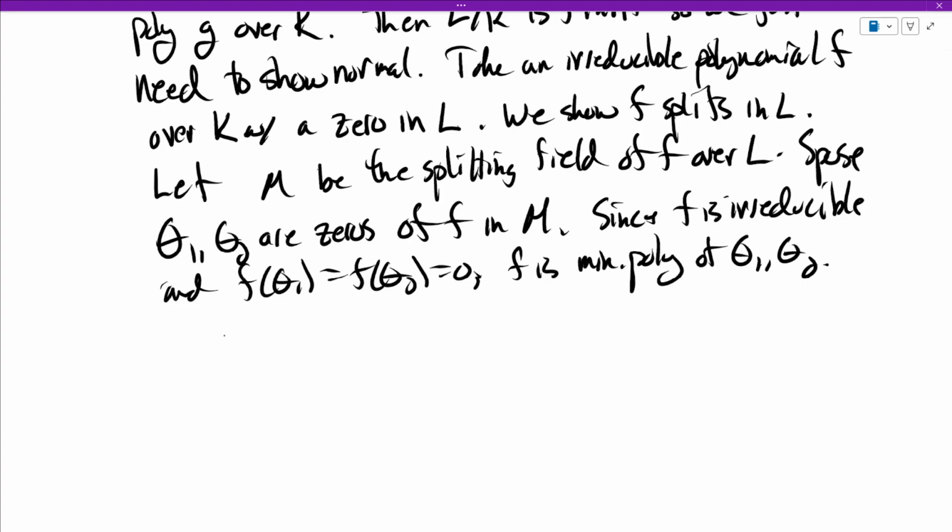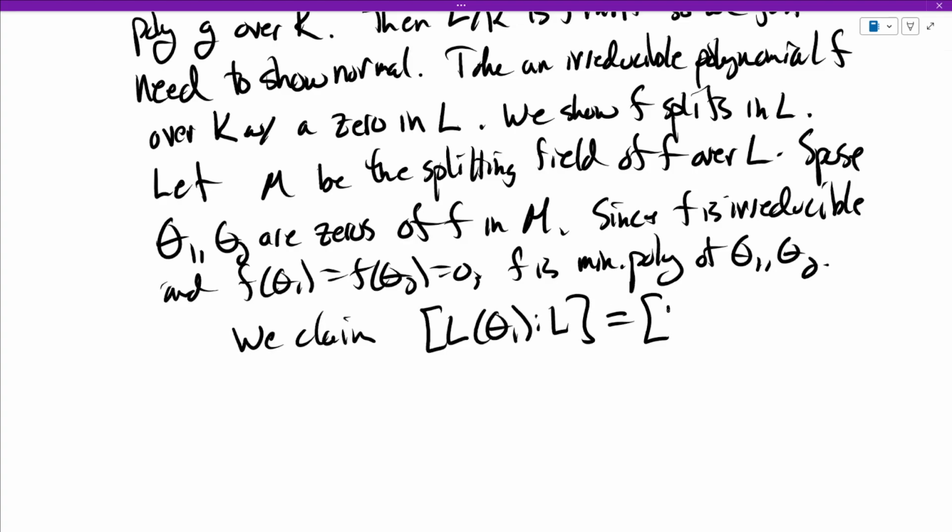Okay, so this is all just set up. At no point did we prove anything. We claim that the degree of L(theta 1) over L is the same as the degree of L(theta 2) over L. In particular, if this one is 1, that is, if theta 1 is in L, then the other one is 1.